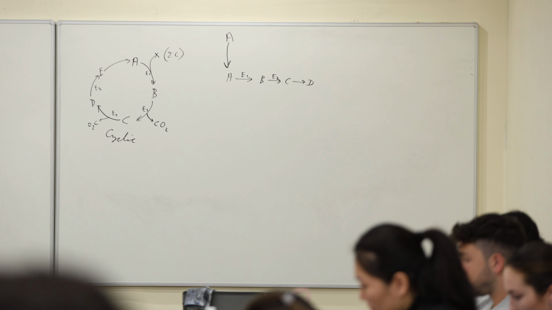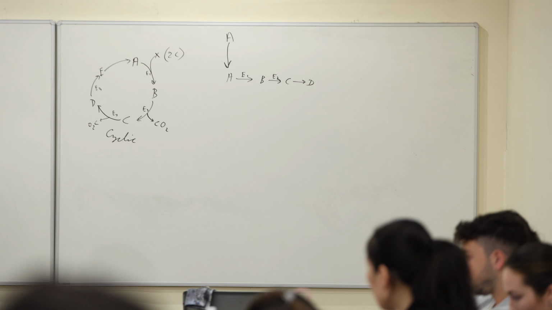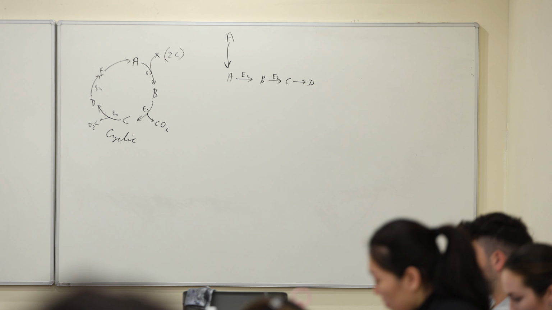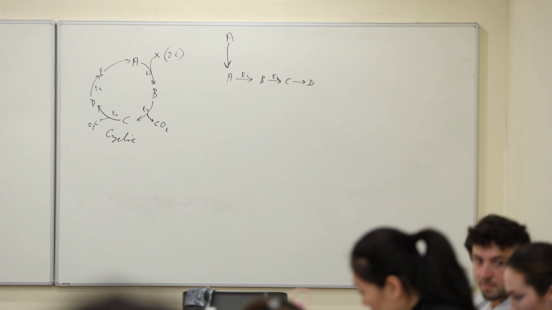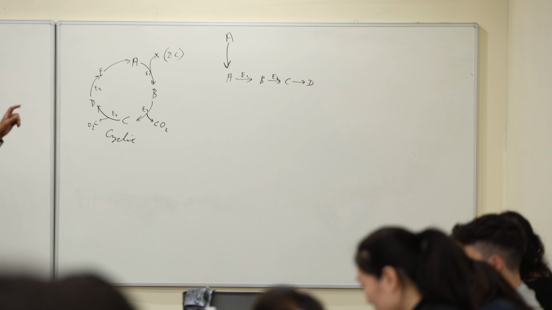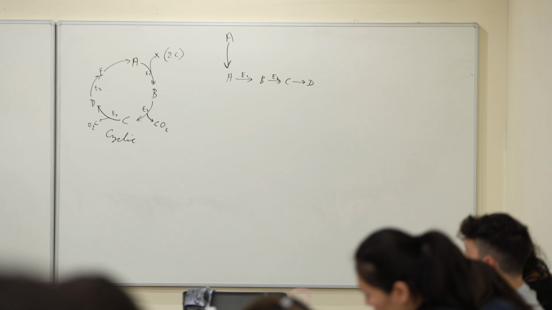In fact, this is how the cyclic pathways were discovered. The citric acid cycle, which is also known as the Krebs cycle, was discovered by Krebs by finding that these intermediates act as catalysts.